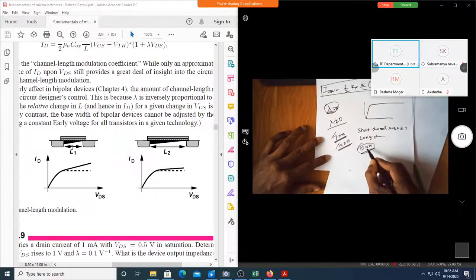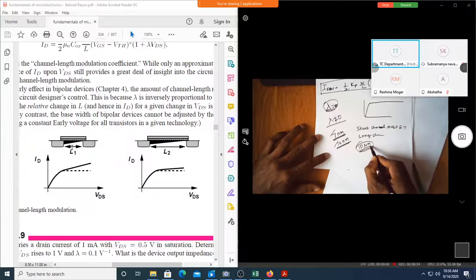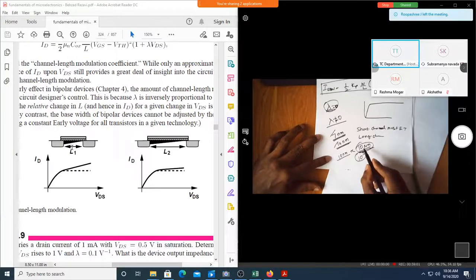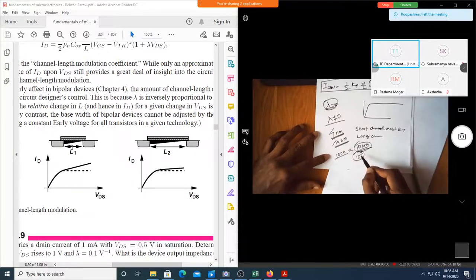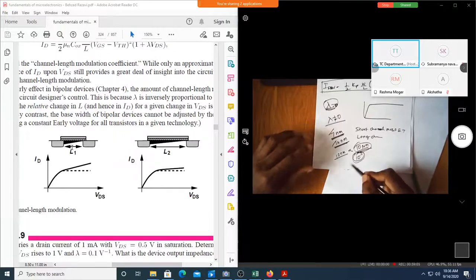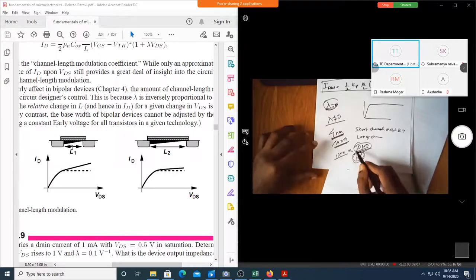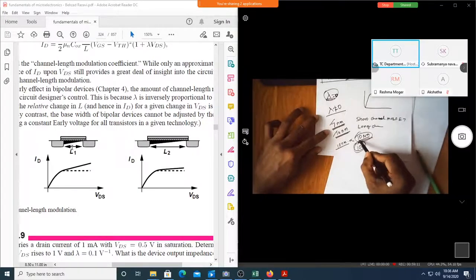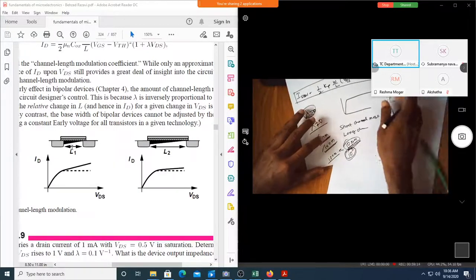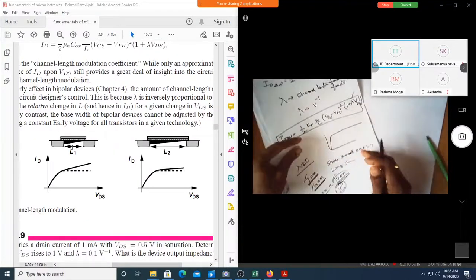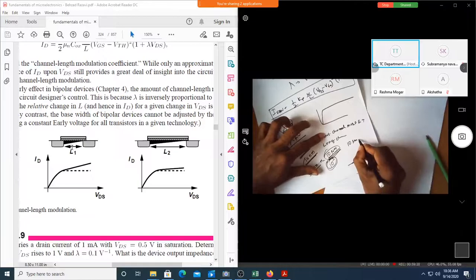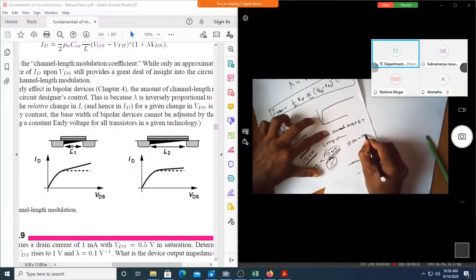So where is this 10 micrometer, and where is 10 nanometer? What is the difference here? Almost 10 power 3. This is 10 power minus 6, this is 10 power minus 9. So there's a 3 order variation here. What I meant to say is, assume there is a change from 10 micrometer minus 1 nanometer.